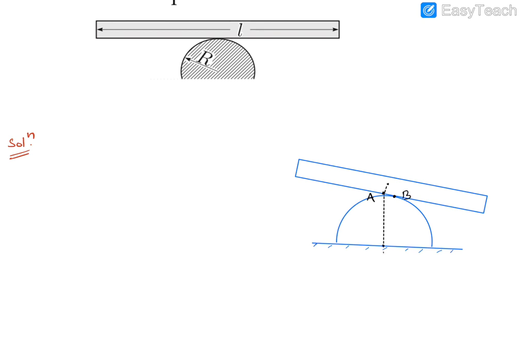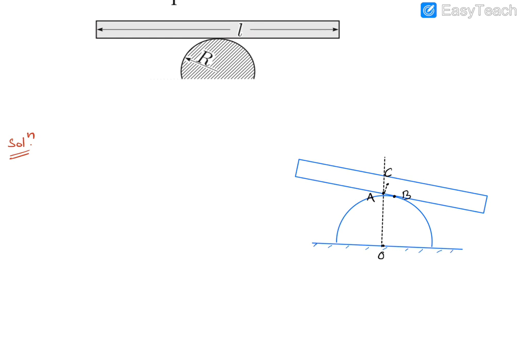Let's say the center point is O, and the center of the plank is denoted by C. So A, B, C are the points. A was initially in contact with the cylinder, then B is in contact in this particular condition, and C is the center. Let me extend this line passing through O.